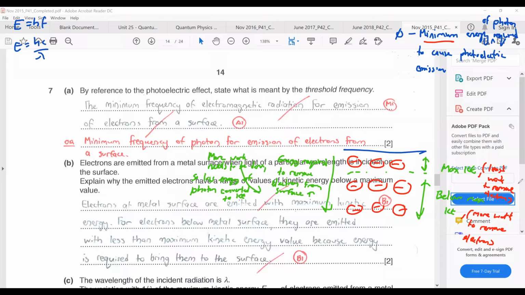Least work done to remove electron, more work done to remove electron. Okay, so just copy that and you should be fine.